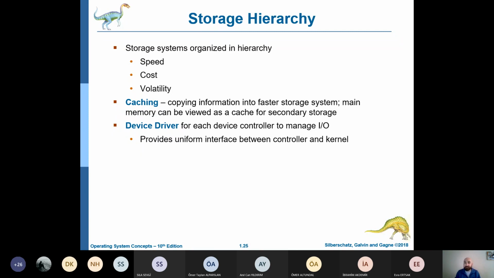So we have a trade-off between size and speed. We have lots of capacity on our secondary storage, but it could be slow. We have a small amount of registers in our CPUs, but we know that they're very fast in terms of using the memory.